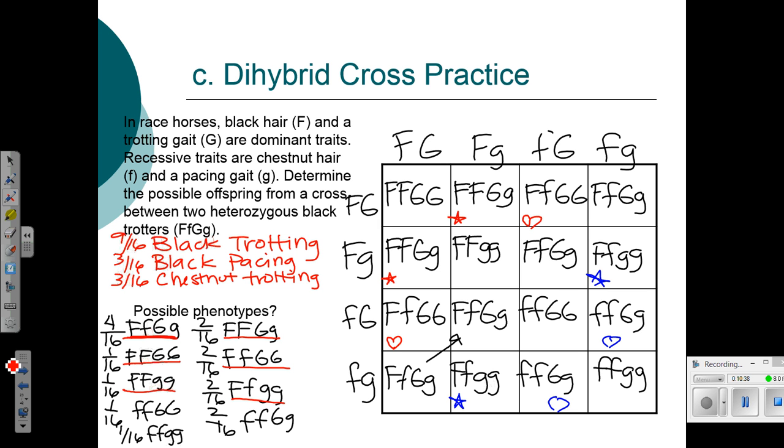Those guys are right here, chestnut trotters. And then we just have our one little guy left, who is chestnut and pacing. So that's where we get that 9, 3, 3, 1 from.